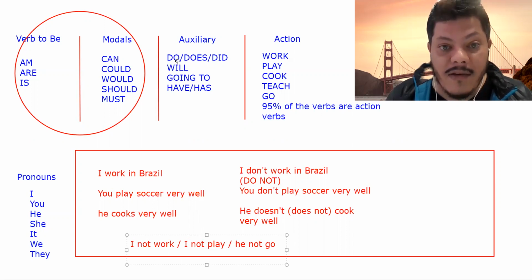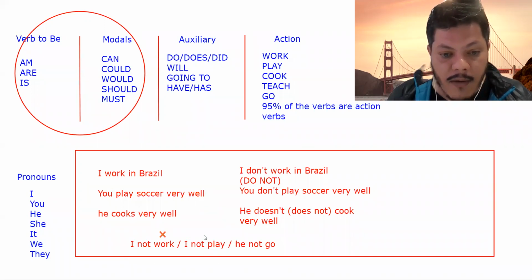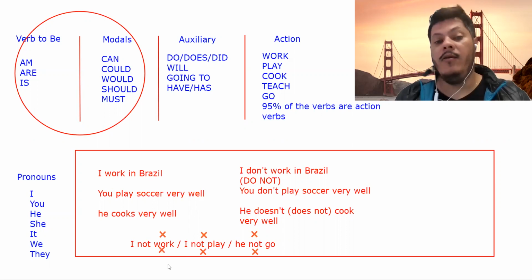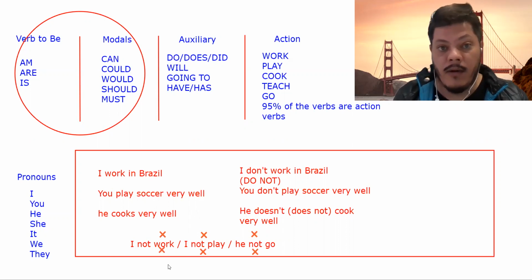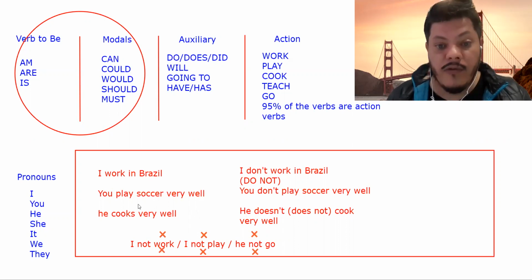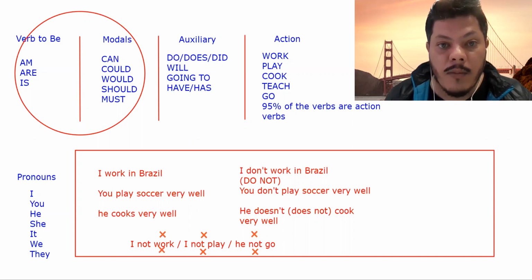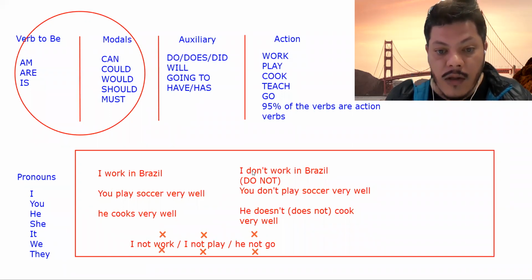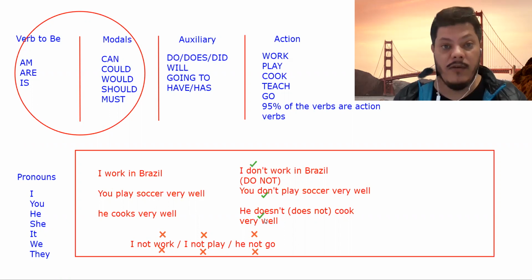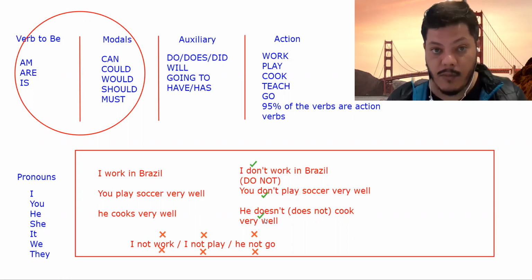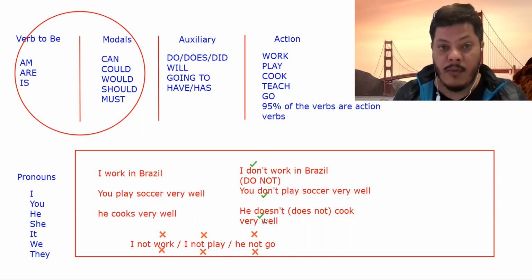No, that is very, very wrong. It's wrong everywhere. In terms of grammar, this is very wrong. You need to use do, the auxiliary, or does. You have to do that for action verbs. So it's very important that you remember that, okay?